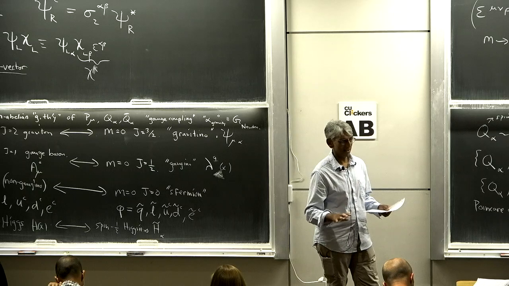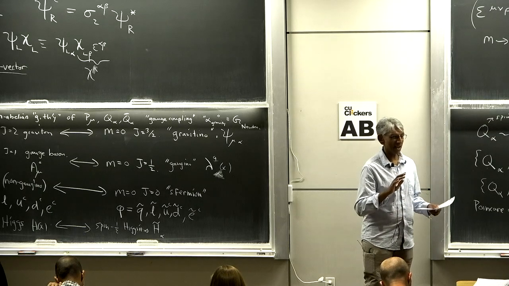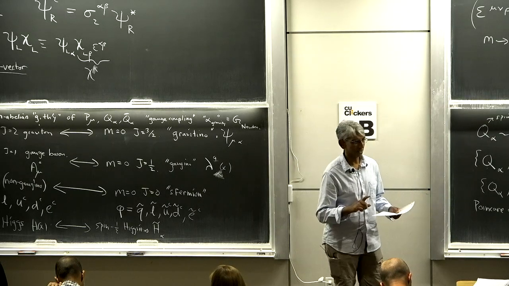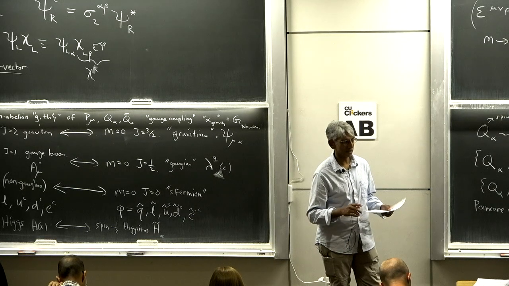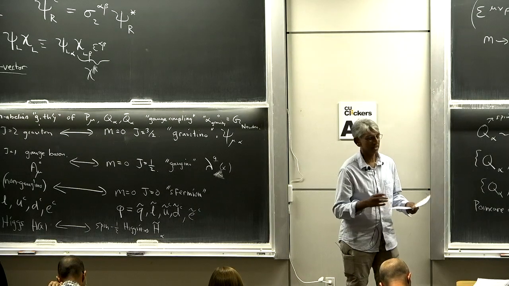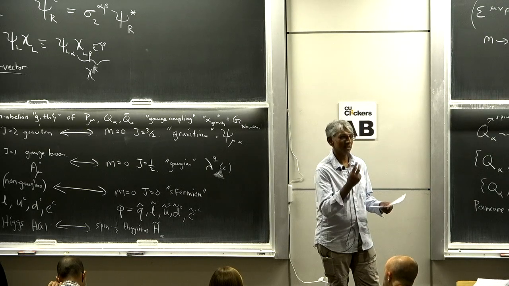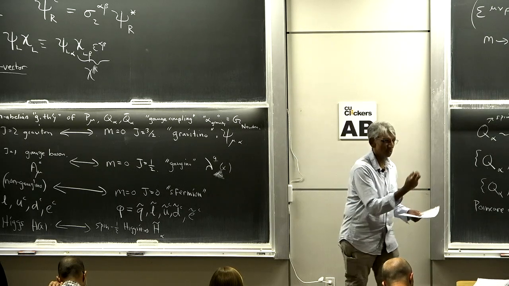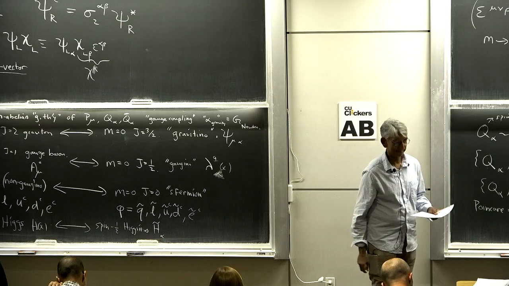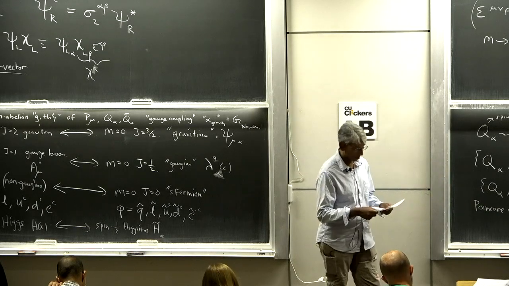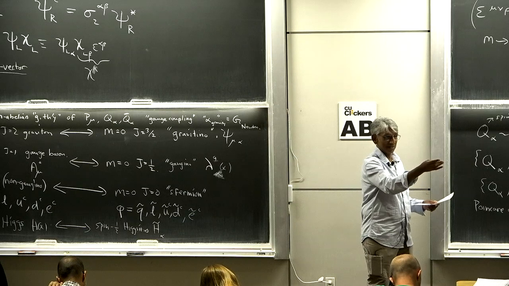And just for brevity, and because it's mostly the realistic case, the kind that could be the real world, I'm restricting to minimal SUSY, which is to say a single massless or light spin 3/2 particle. But in principle, nothing is wrong.